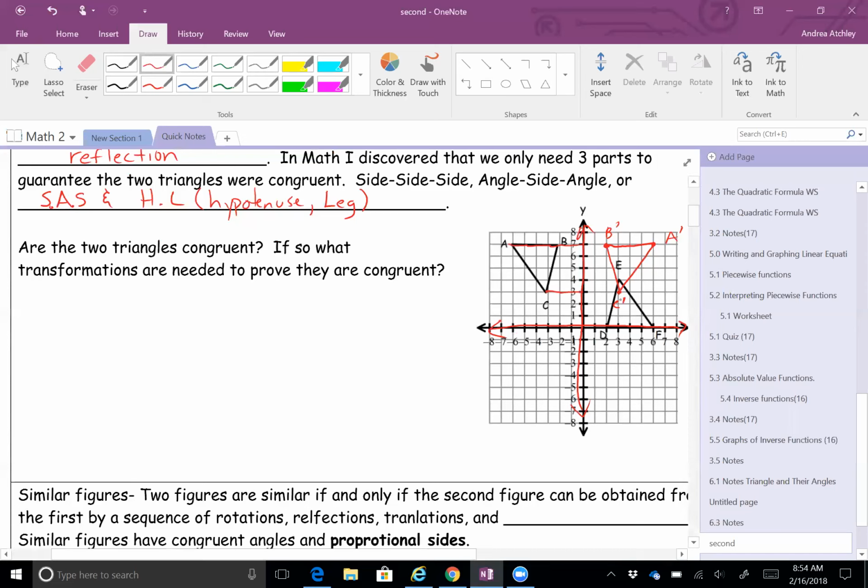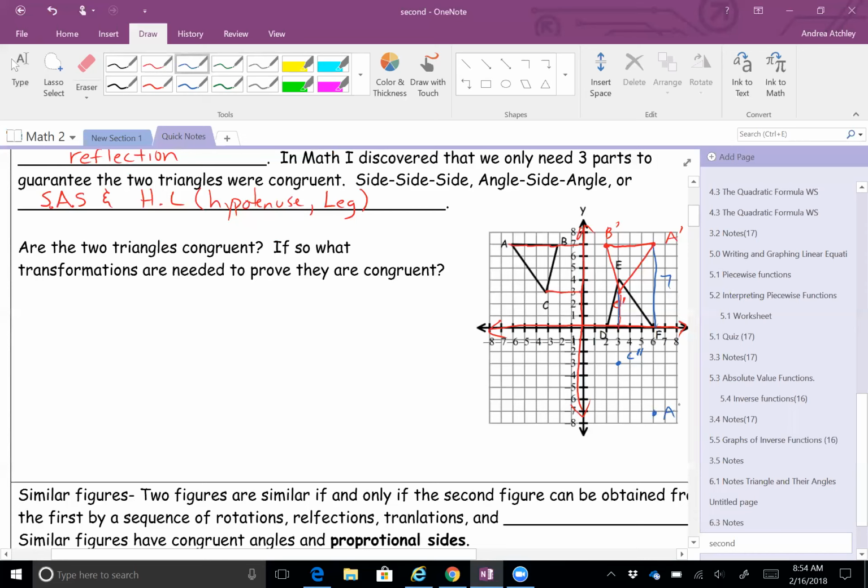So then we would get, 1, 2, 3. So down 1, 2, 3. C prime, double prime now. And then down 1, 2, 3, 4, 5, 6, 7.